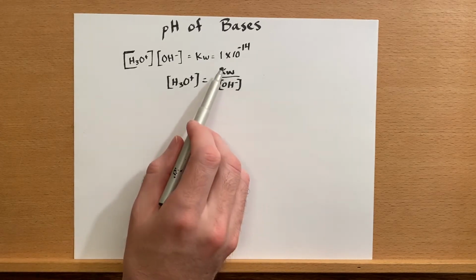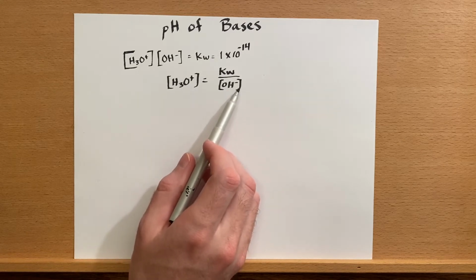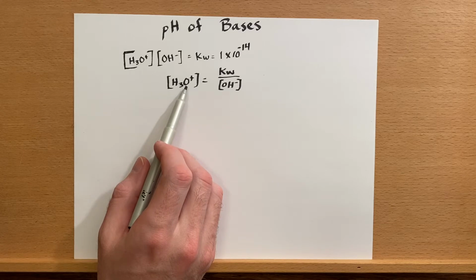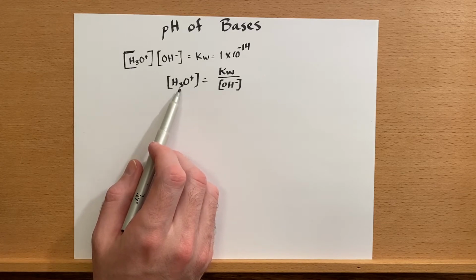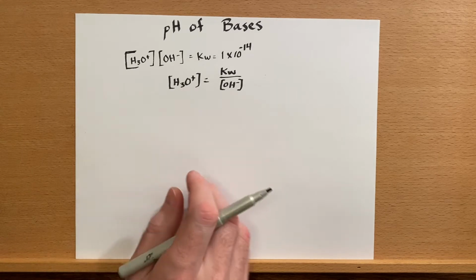So if we just take 1 times 10 to the minus 14 divided by the hydroxide ion concentration, that will give us the H plus concentration. And then if we want, we can take the negative log of this number and get the pH.